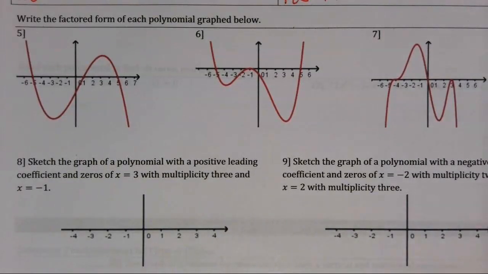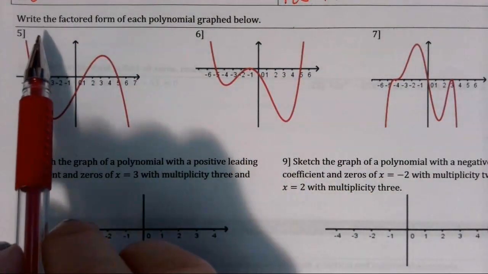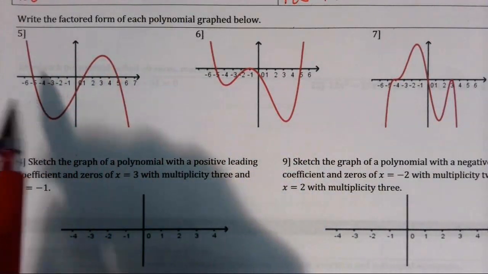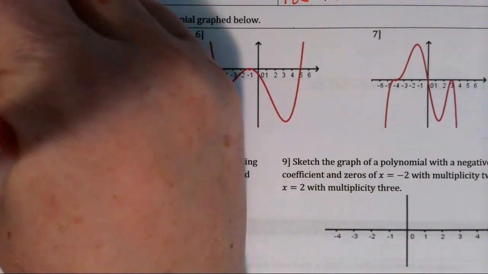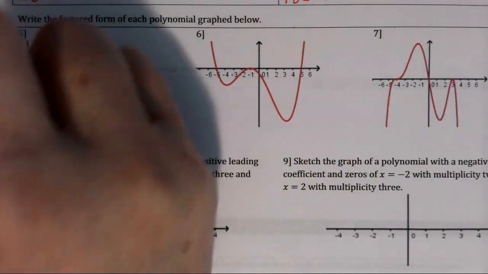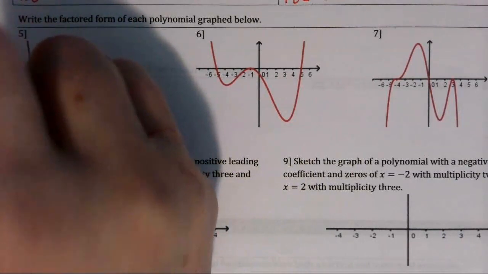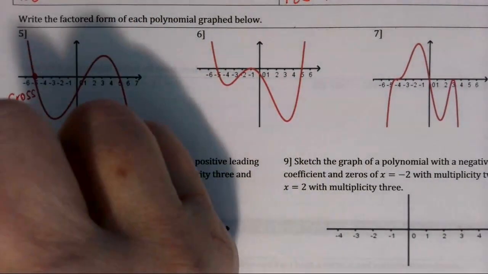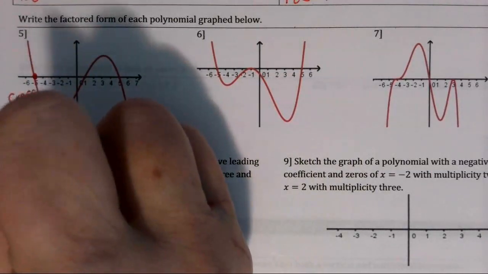Okay, so looking at number 5, we want to write the factored form of the polynomial that's shown in the graph. And we've got a real zero here at -5, and that is a cross. So we know that there is a linear factor of x plus 5.